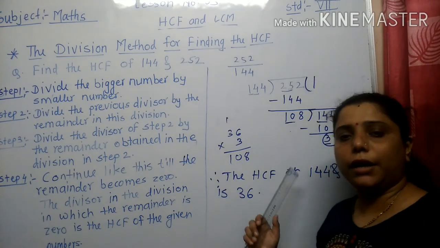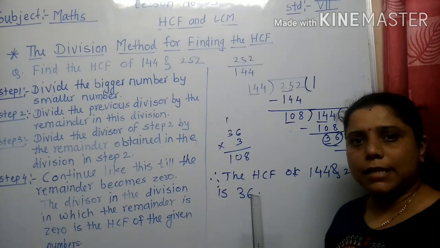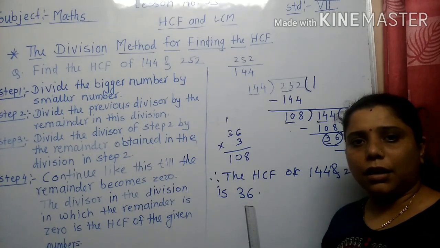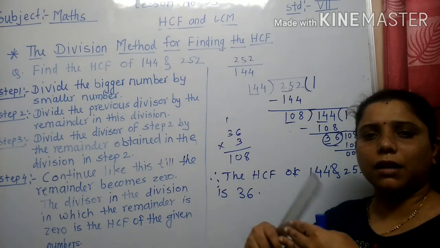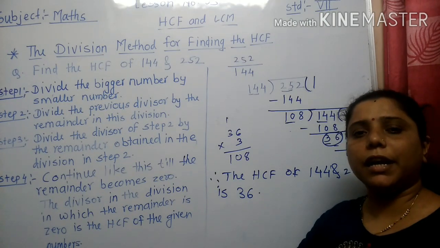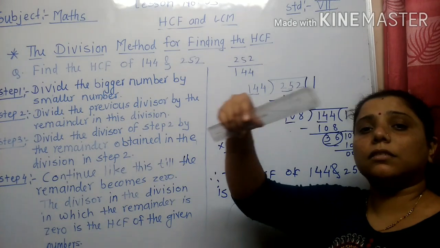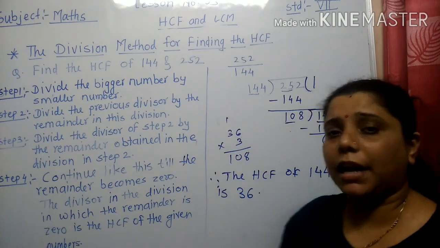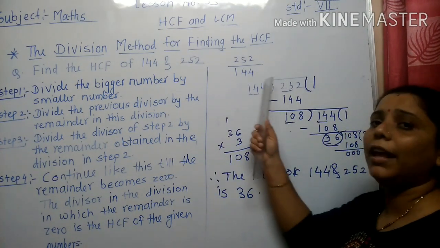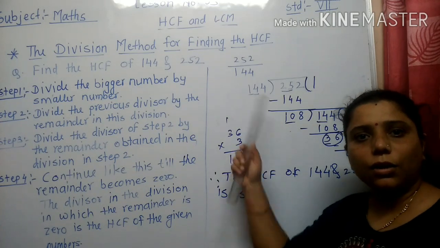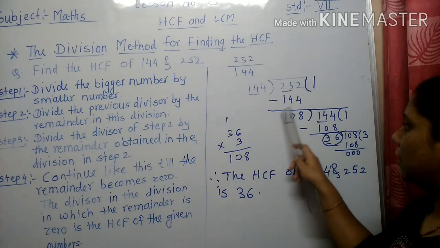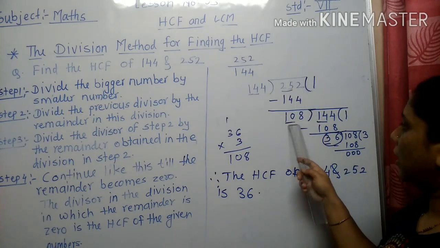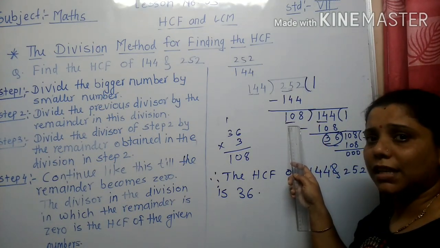In the same way, you have to take the previous step divisor as the dividend. Understood? And then you have to give the division. Whichever remainder comes again, each and every time you have to focus only on the divisors. See here, the remainder you are getting in the first step is 108.